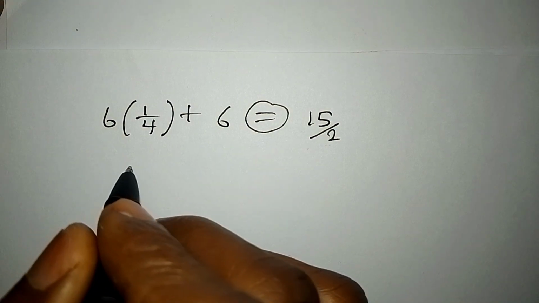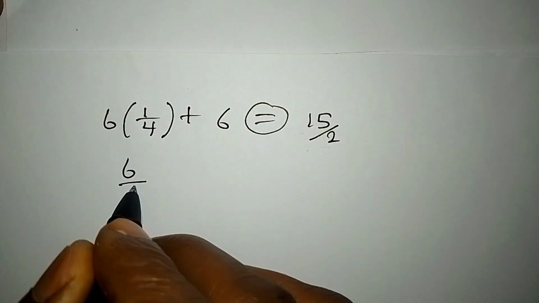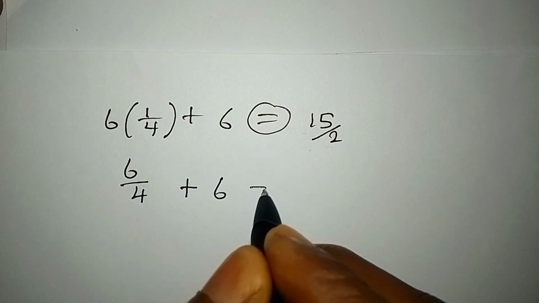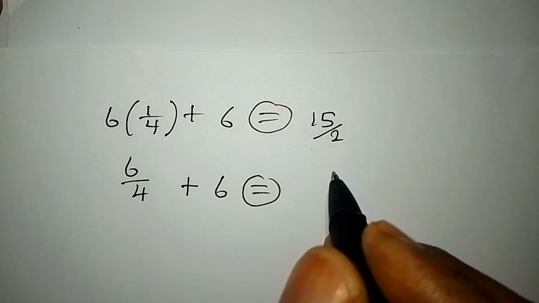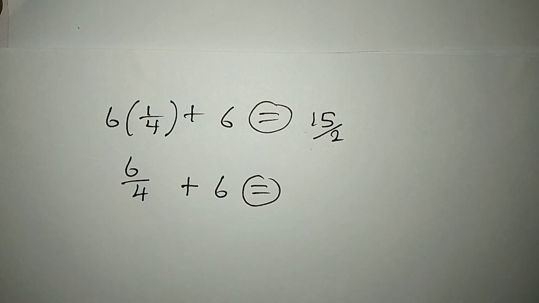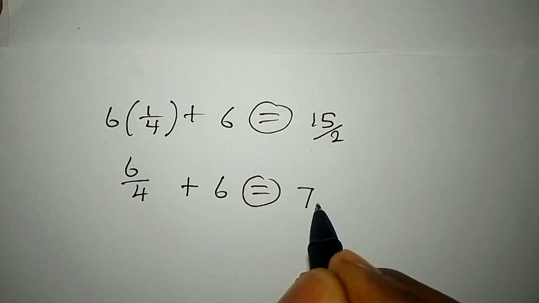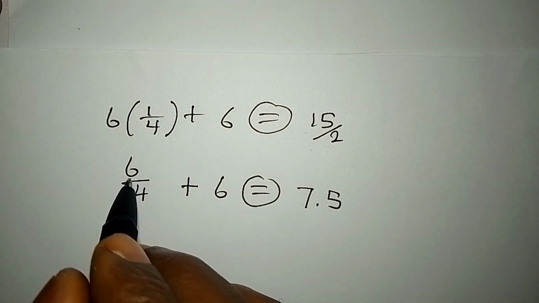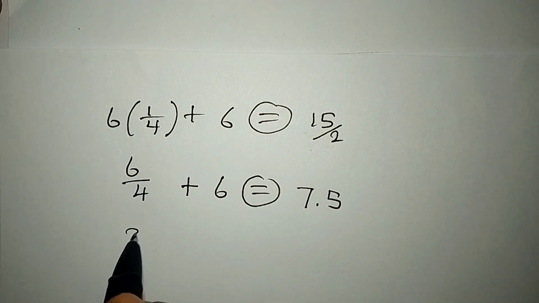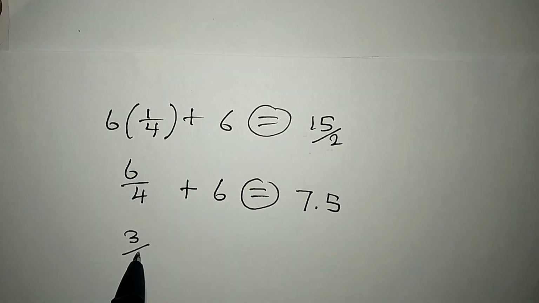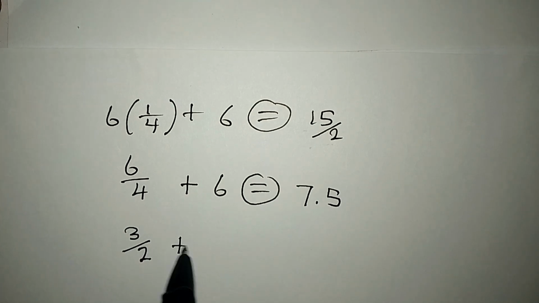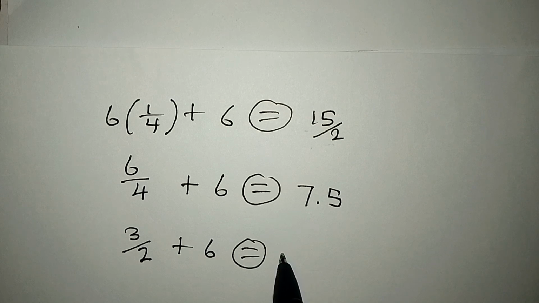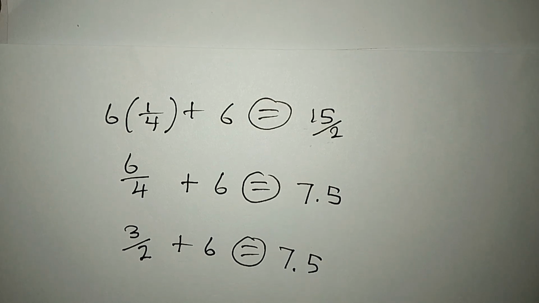Okay, so from here we have 6 over 4 plus 6 being equal to, okay, let's get this in decimal form. This is giving us 7.5, right? Then this is 6 over 4, which is the same thing as 3 over 2. Then we have plus 6 equal to or not equal to 7.5, as the case may be.